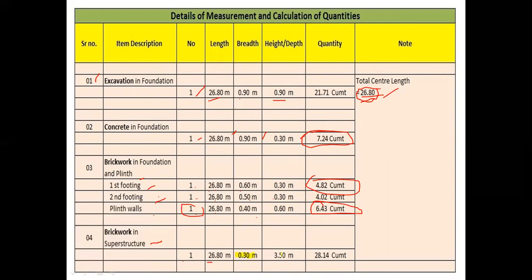Then multiply 26.80 into 0.30 into 3.50, that equals 28.14 cubic meters. This is the brickwork in superstructure.